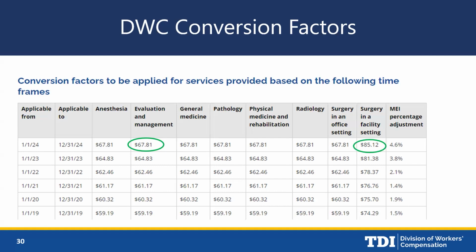I'll show you how to do the math and come up with a percentage over Medicare. But I'll tell you right now, the $67.81 is 204% of Medicare, and the $85.12 is 255% of what Medicare pays. Because we adopt a higher conversion factor, it's based on the MEI, which is the cost of goods and services, and this is the largest increase you've experienced yet.